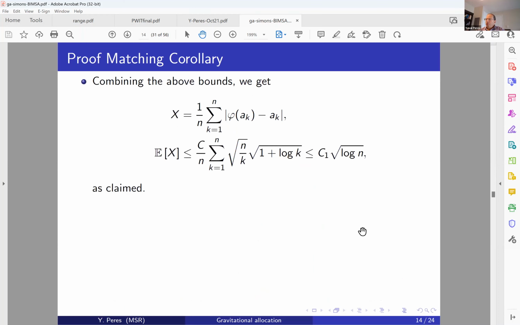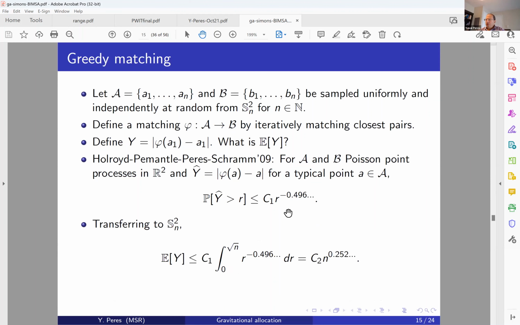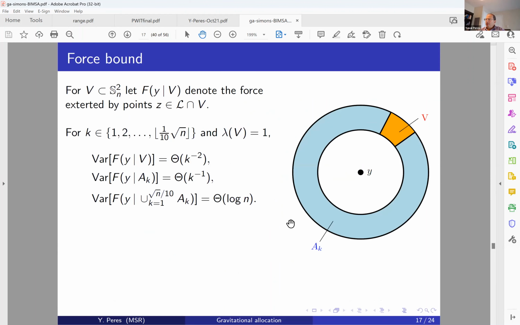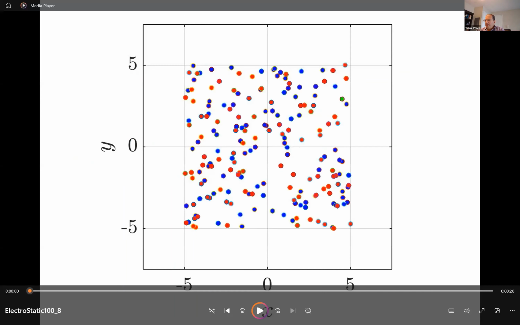Because of this, we can analyze this matching in terms of the analysis of the gravitational potential. I won't do this analysis, and I want to close with one video showing you one other very natural process, which is natural for physicists, yet we cannot rigorously analyze it, and this is electrostatic matching.